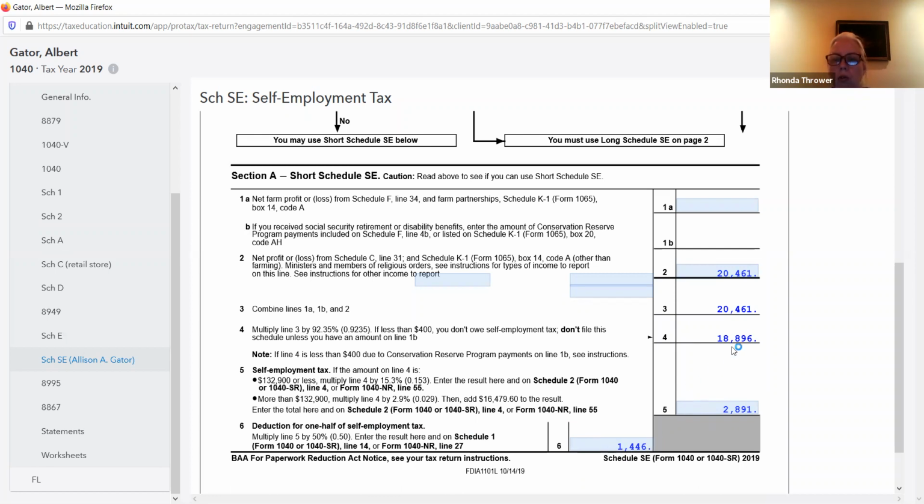So because we had a change in our Schedule C to a net income, we did have some self-employment taxes that we had to pay, or the amount that we owed. Then we multiply that by 50%, and that's what we include on Schedule 1.